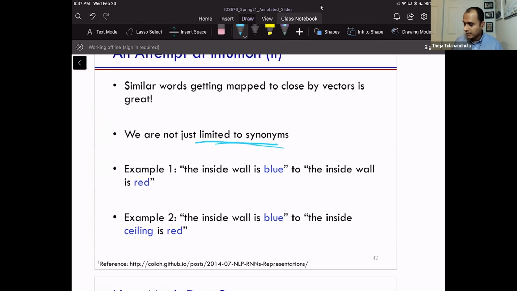For example, in 'the inside wall is blue' or 'the inside wall is red', blue and red hopefully have similar vectors. In contrast, something like ceiling may not appear in the same contexts as blue and red do.